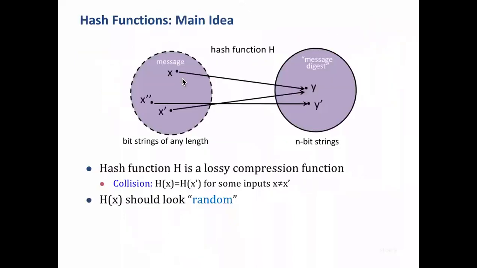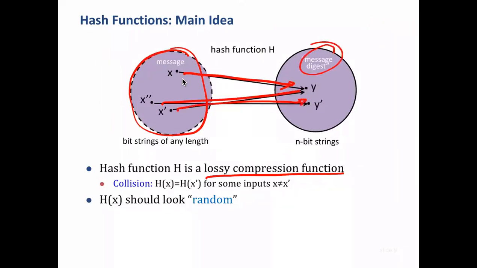Now theoretical computer science will define it differently. It says that a hash function is a lossy compression function. Basically, you take a bit string, the message, which is very large, and compress it into a small size. So this is a message digest. Because of this, there can be collisions.